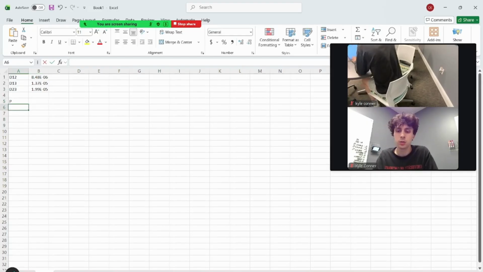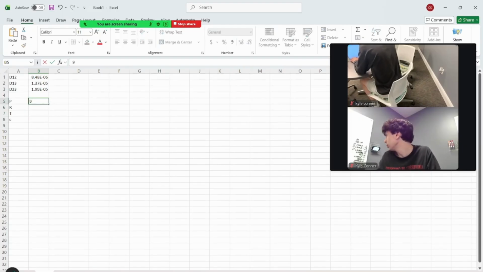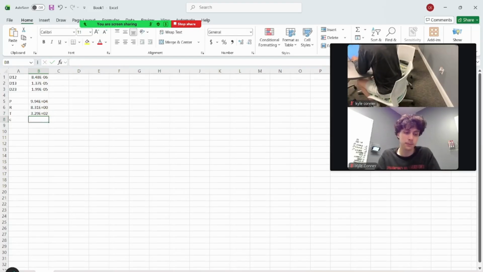For our P, R, T, and C values, for our pressure, it was 99.4 kilopascals, but for this, we will be doing it in pascals, so we'll do 9.94 e to the 4th. Our R value, we have 8.314. And then for our temperature, we have 3.29 e to the 2, in Kelvin. And then our concentration is 3.6.4.